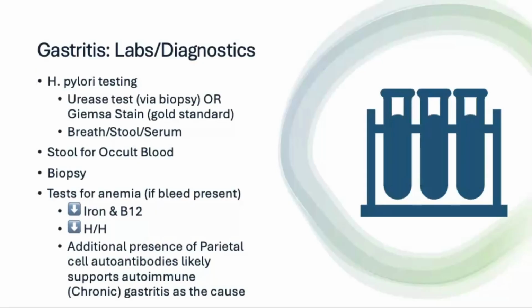The other issue is that someone with H. pylori can have antibodies that are detected for years after infection, so it's really not helpful in determining whether this person has a current active infection or whether they were infected previously.